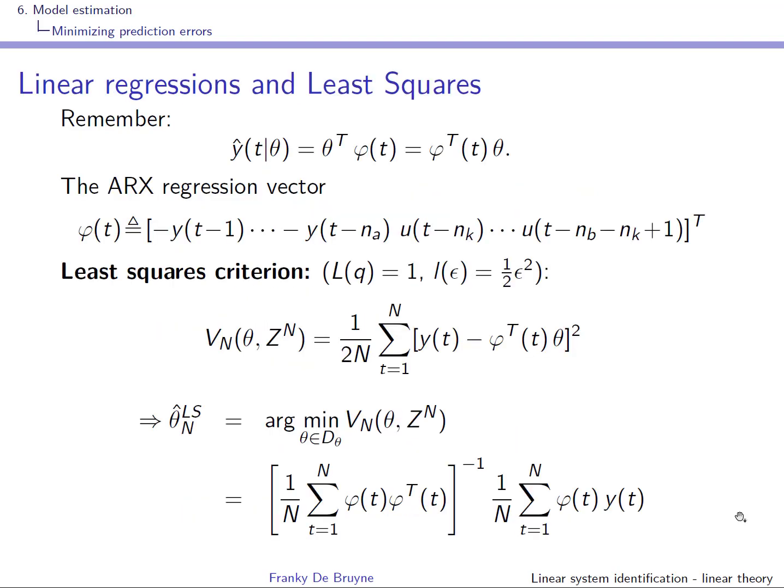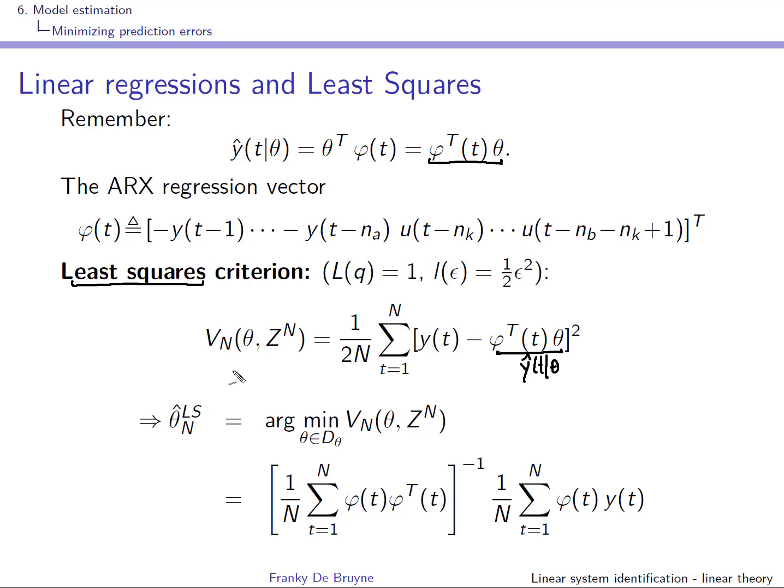We have seen, when we considered the one step ahead prediction of y, that you can write the predictor as follows. This is a nice little formula because theta comes in linearly, and the regressor, as you can see over here, is independent of theta. So if we write the prediction error criterion, this is the one step ahead prediction, and you can see that this is really a least squares problem.